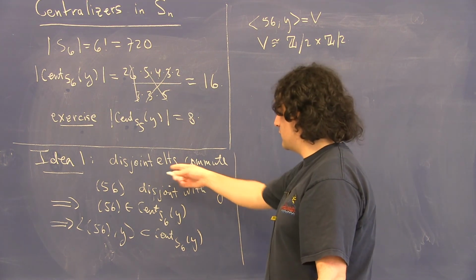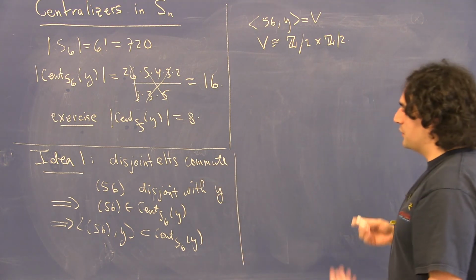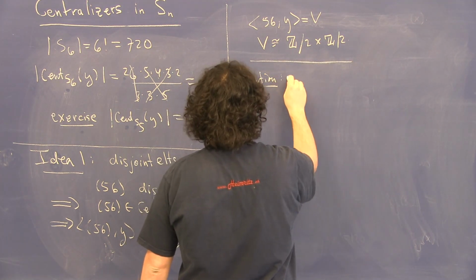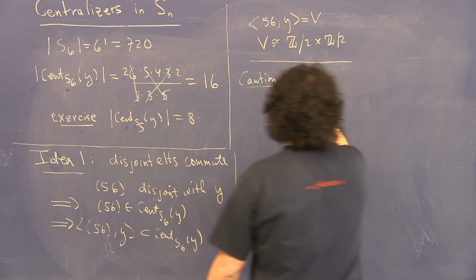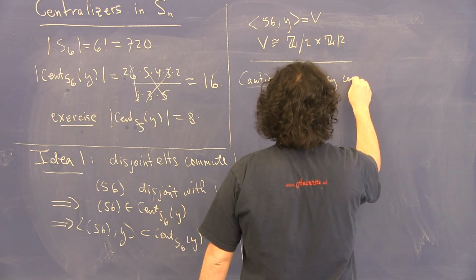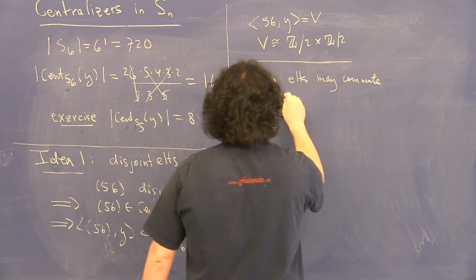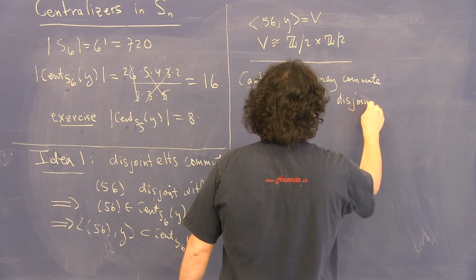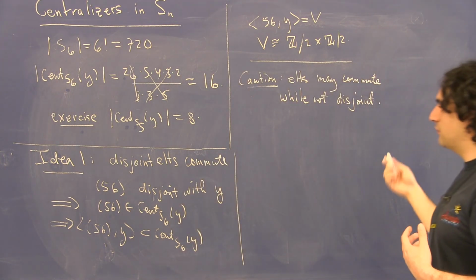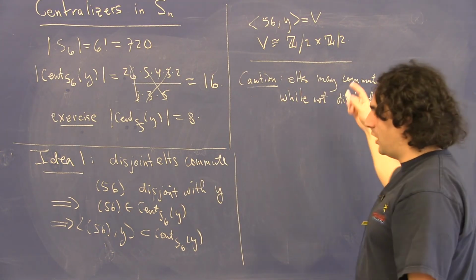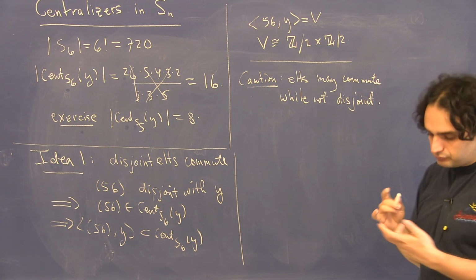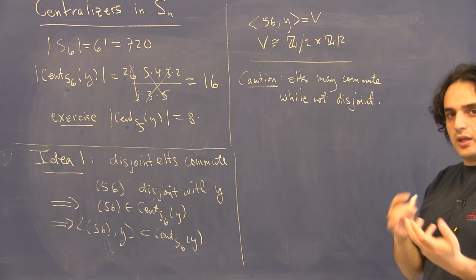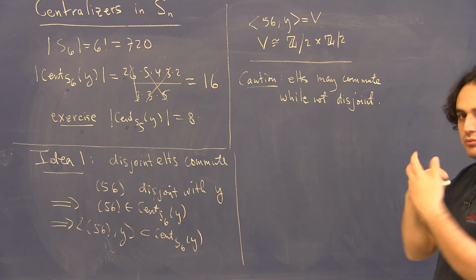So now this idea of disjoint elements commuting is not enough. So it's important to note, caution, the converse of this is not true. Elements may commute while not being disjoint. It's a bit more difficult to motivate how you find ones that are not disjoint, that commute with one another. So at this stage in the game, maybe it's best if I just reveal a secret to you.